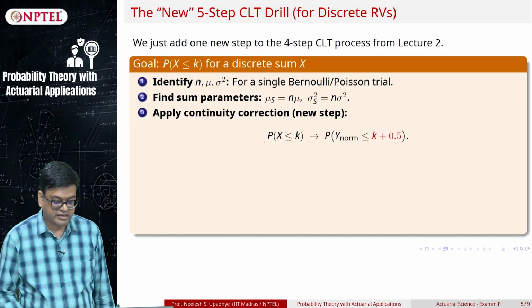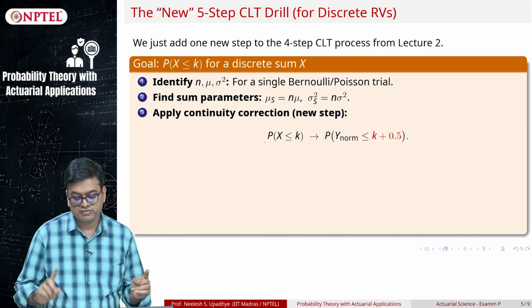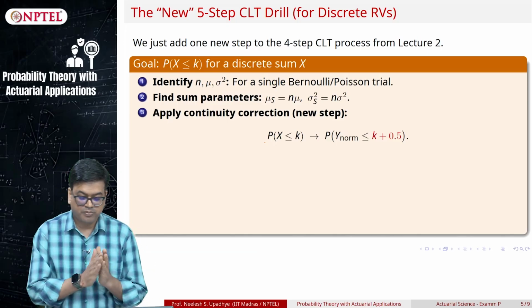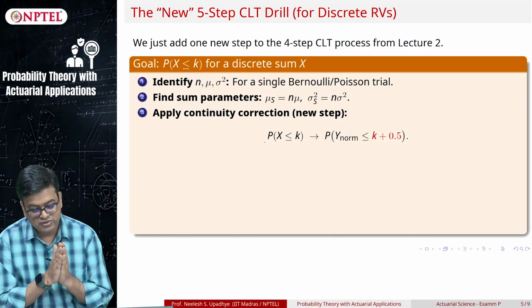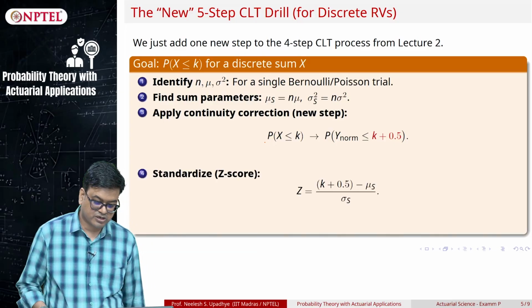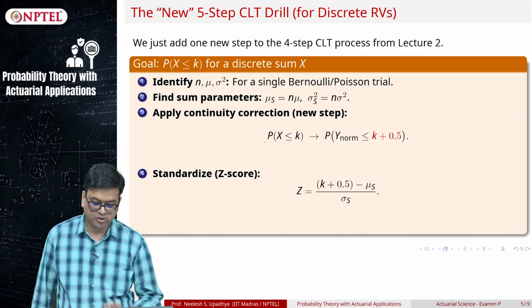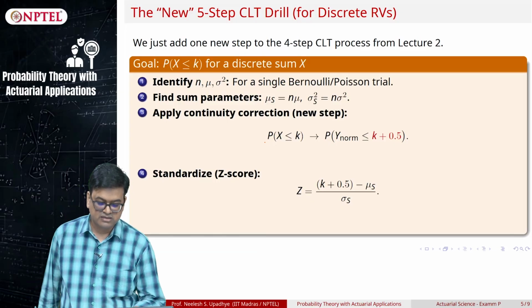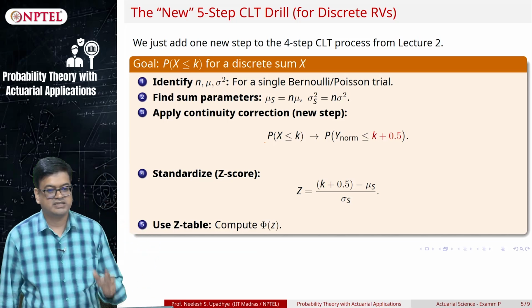Continuity correction is a new step, because we are approximating discrete with continuous. So we will approximate it with continuous, which is y normal less than or equal to k plus 0.5. This is what the continuity correction is. Then you simply standardize with this 0.5 correction and solve the problem as usual. So this is our basic setup.